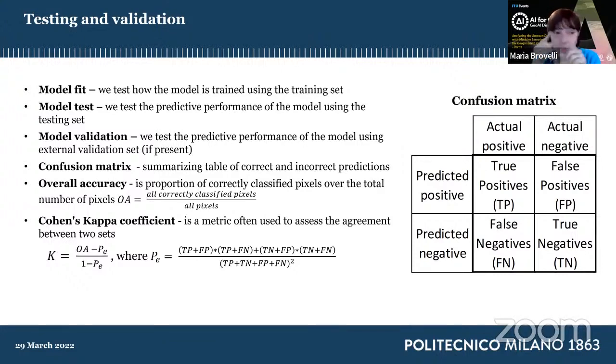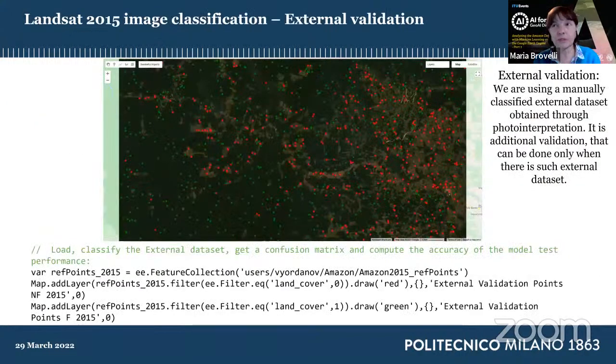The mechanism that we use in any case is always the confusion matrix, and we compute the overall accuracy and the kappa, but obviously what we obtain in the case of the external data set is slightly different, and it is like comparing with the ground truth for evaluating, for doing the validation of our model.